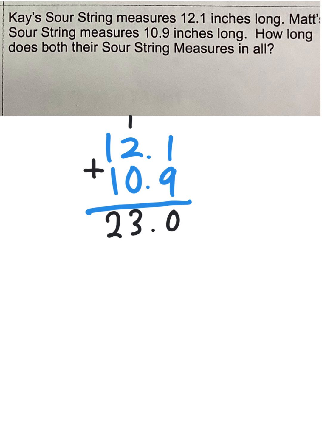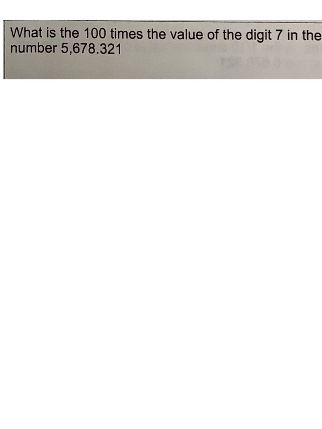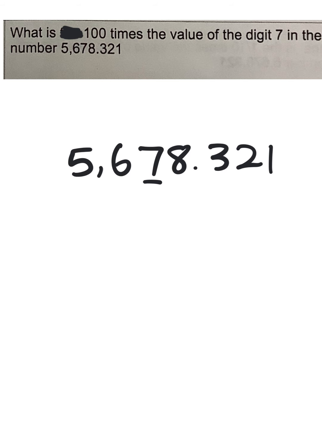Very good. All right, so on this one, it is asking what is 100 times the value of the digit 7 in the number 5,678 and 321 thousandths. So I noticed that the 7 is in the tens place.